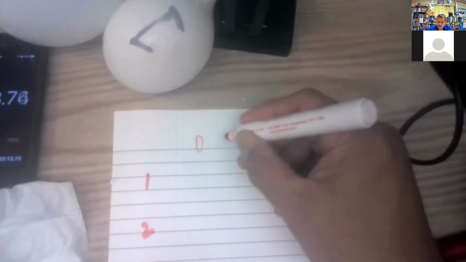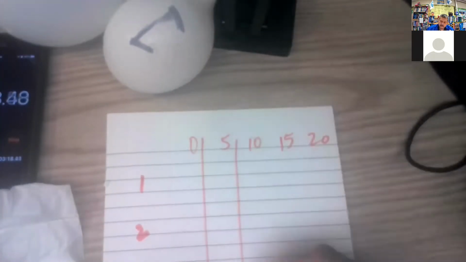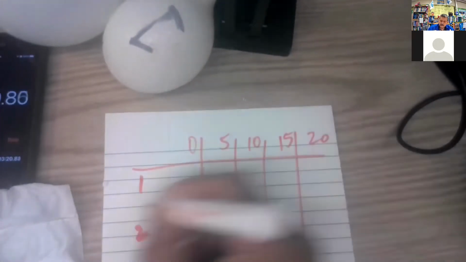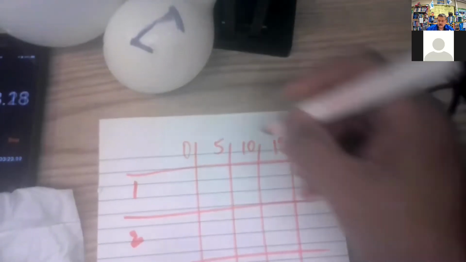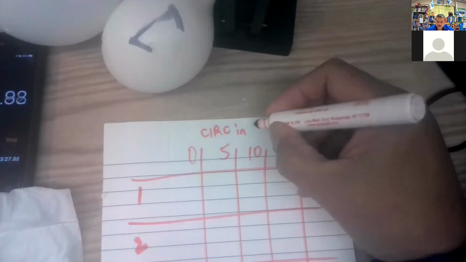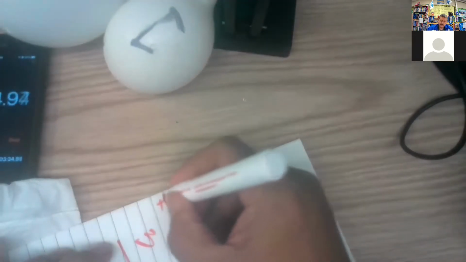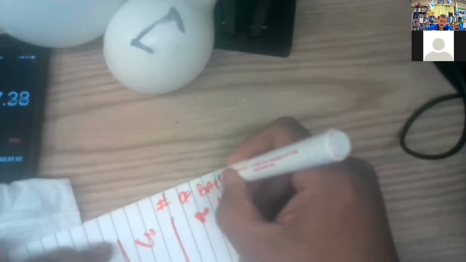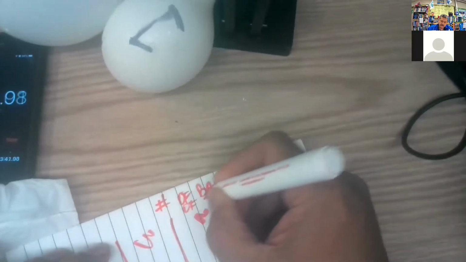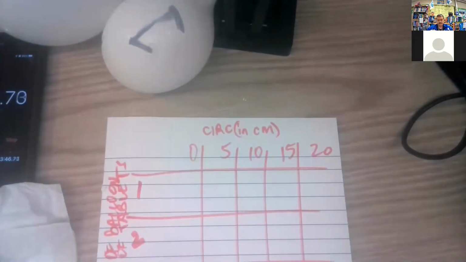We have 0, 5, 10, 15, and 20. So this is going to be the circumference in centimeters. And this is going to be the number of balloon, or the number of tablets. Okay.